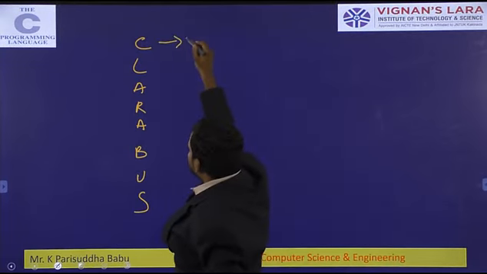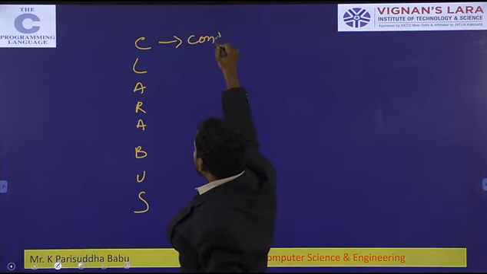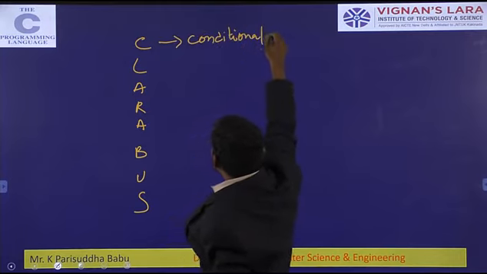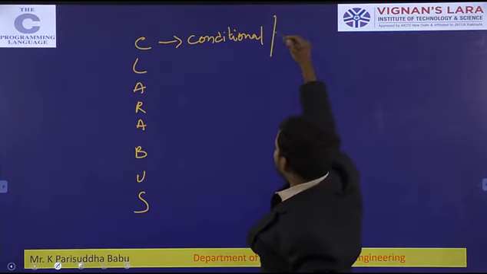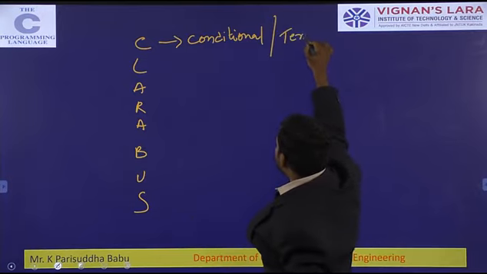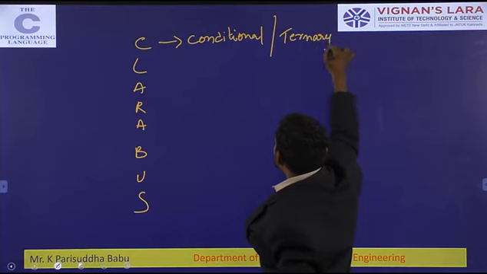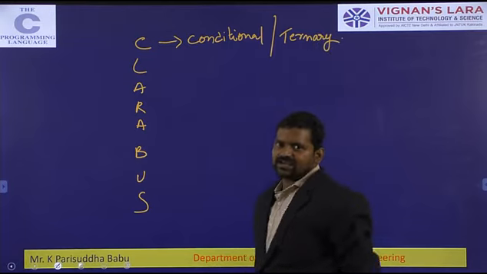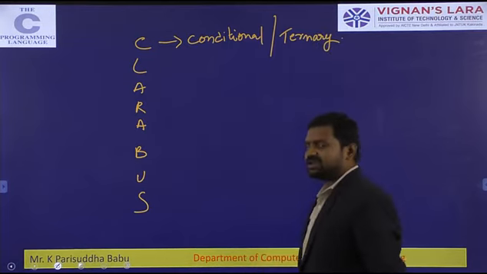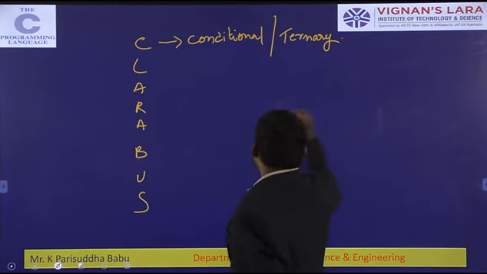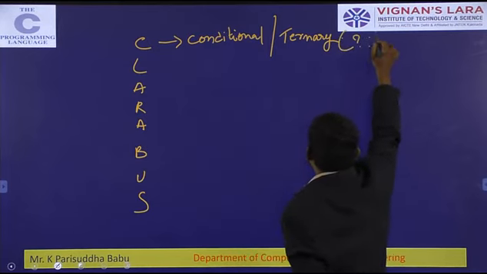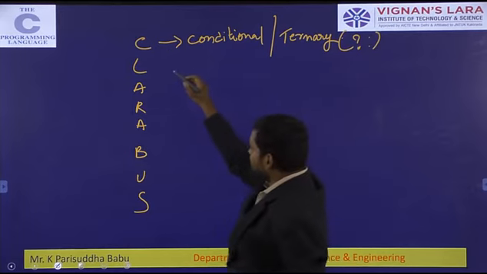C is the conditional operator, or we simply say ternary operator. Question mark and colon are the ternary operator.